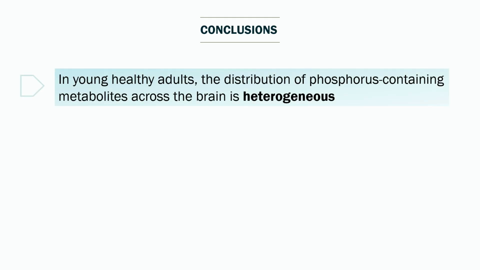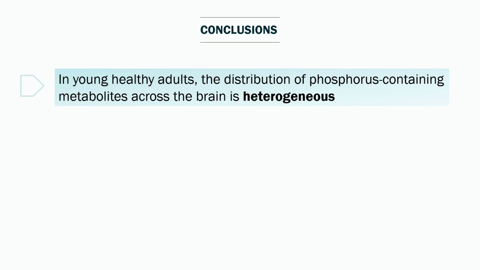So onto the conclusions. This study concludes that in young healthy adults, first of all, the distribution of phosphorus-containing metabolites is indeed heterogeneous, as you might have seen on the graphs. I forgot to mention that for all of the metabolites, the distributions were significantly different.